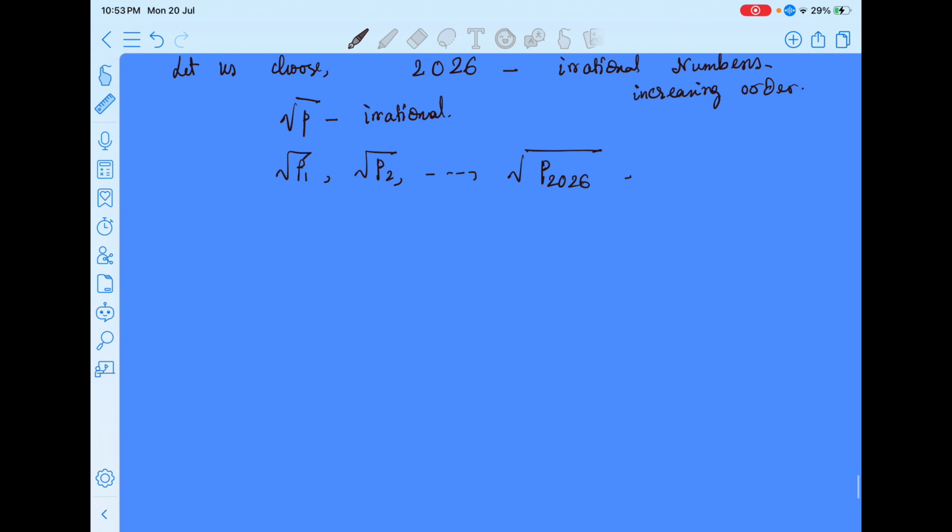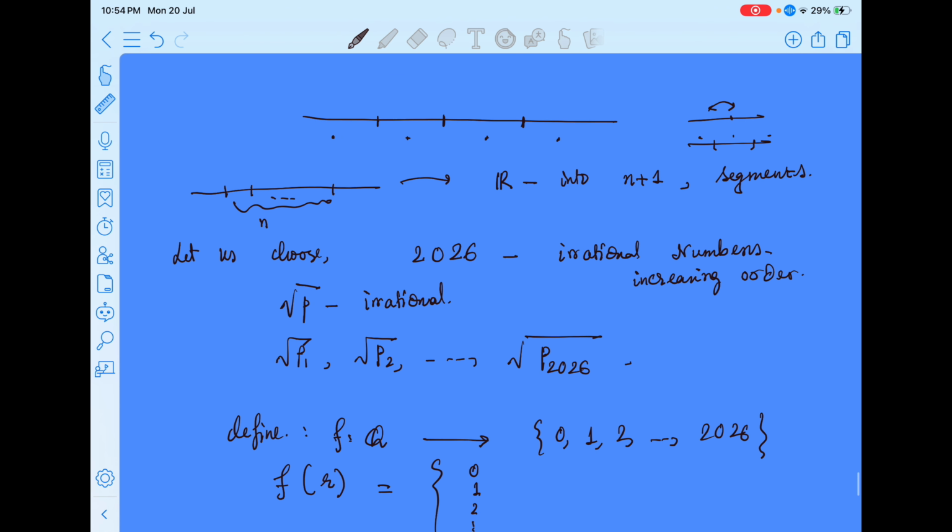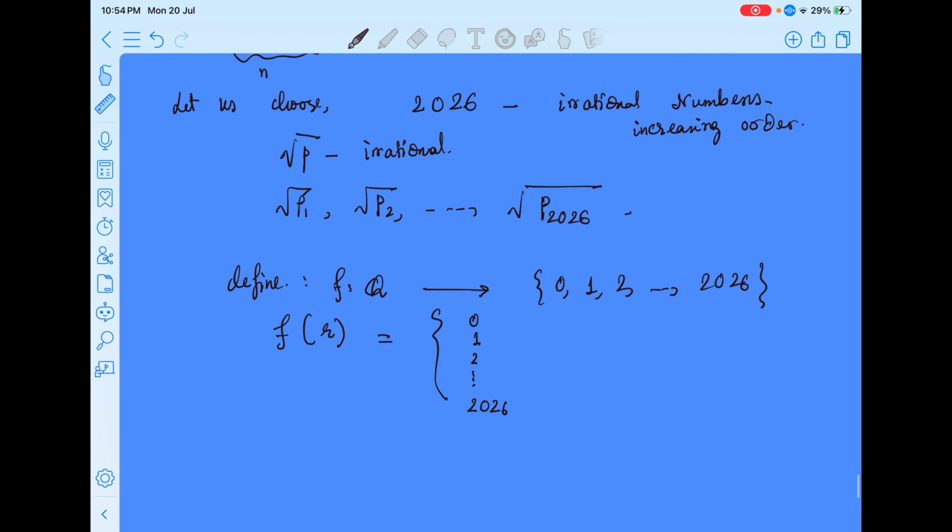So then define the function from Q to this set {0, 1, ..., 2026} as follows. f(r) equals 0, 1, 2, ..., 2026. How can you define that?